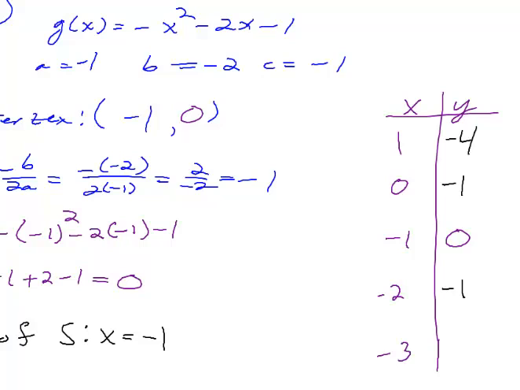What's -3 squared? +9 times -1, -9. -2 times -3, +6. So what's -9 plus 6? -3 minus 1, -4. Is everybody okay with how I'm actually evaluating these?